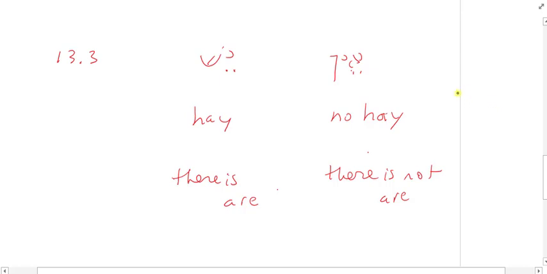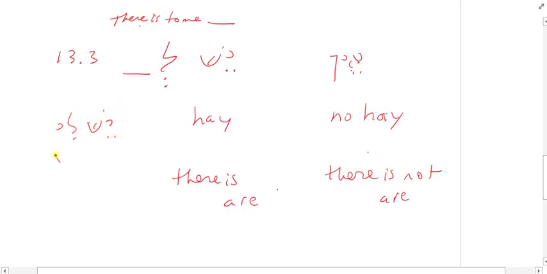All right. Now, if I want to say yesh le someone something, what would that be equivalent to? It's literally there is to me something, and that means I have something. Okay? So if I said yesh li isha. Yesh li isha. That means literally there is to who?